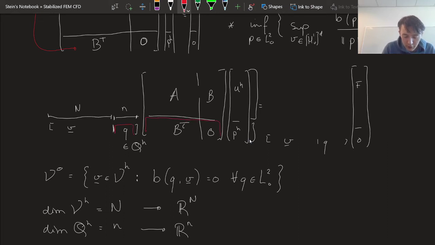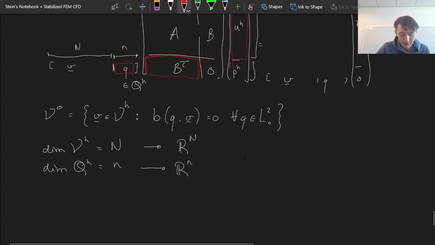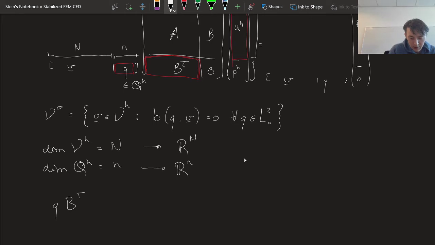So actually this one is multiplied by that, is multiplied by that. So that means that effectively I have this left side of that, right? Because the other one is 0. So Q times BT times U. So the lower line here is saying that Q BT.